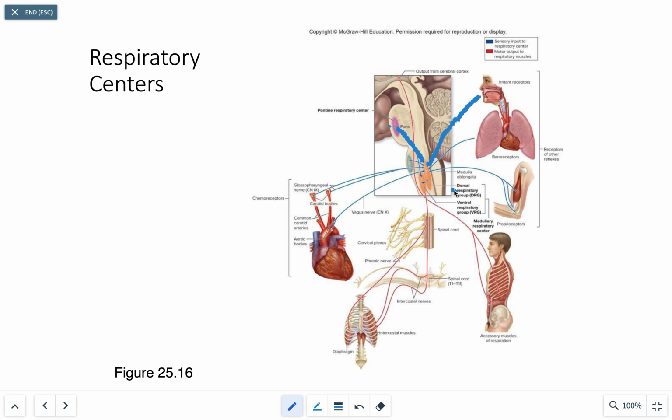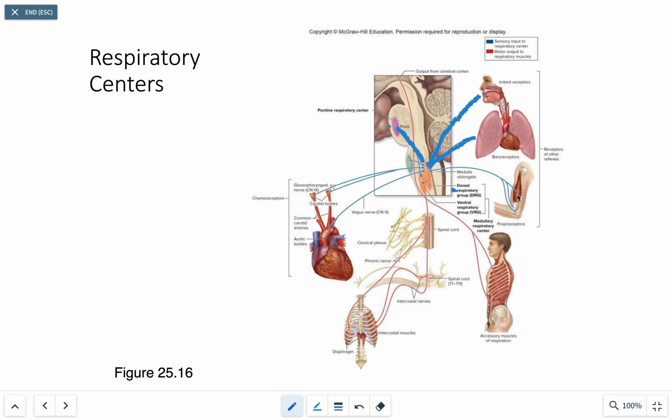This can stimulate the medulla to cough, to sneeze. When we look at the baroreceptors, we see baroreceptors in the heart, lungs, blood vessels. This also is going to go to the dorsal respiratory group, and it's basically monitoring any pressure changes that are occurring in the heart, lungs, or the blood vessels.